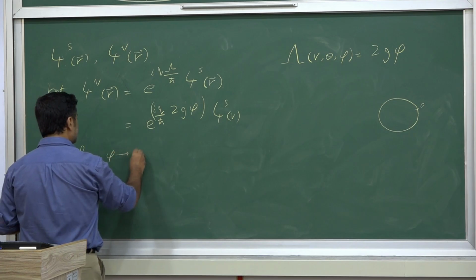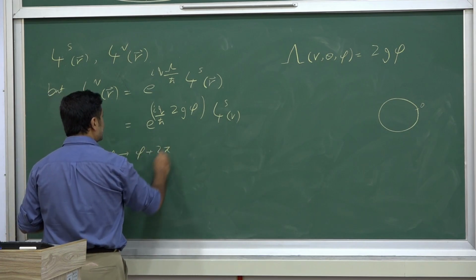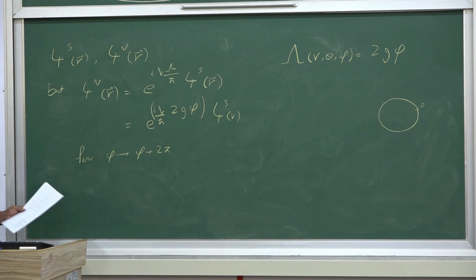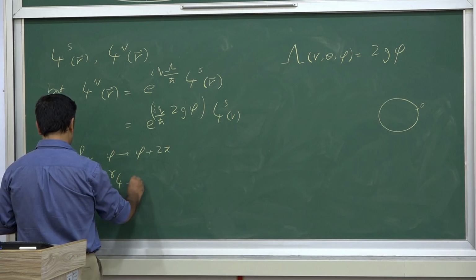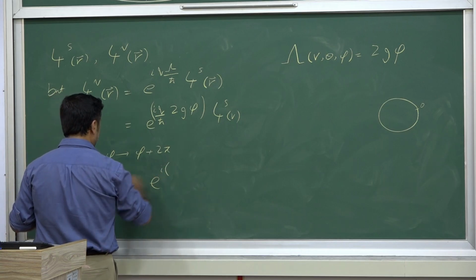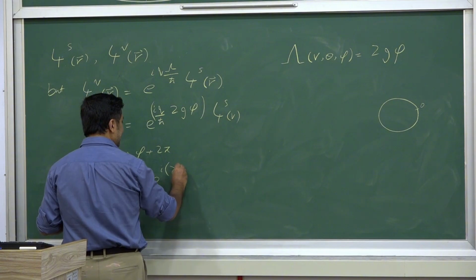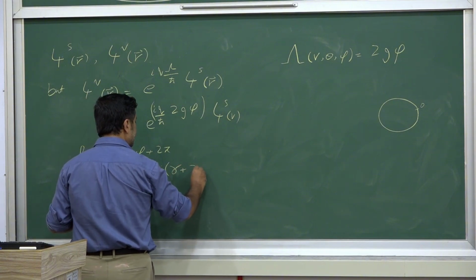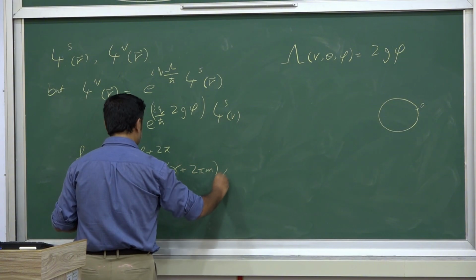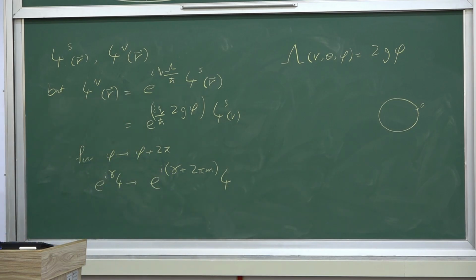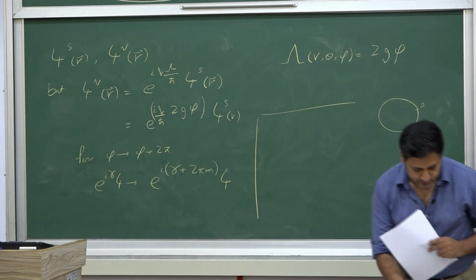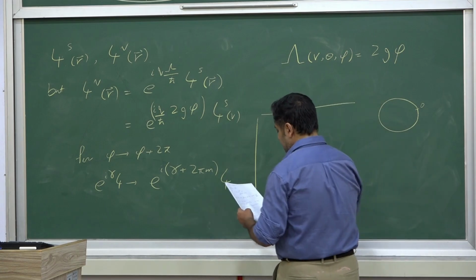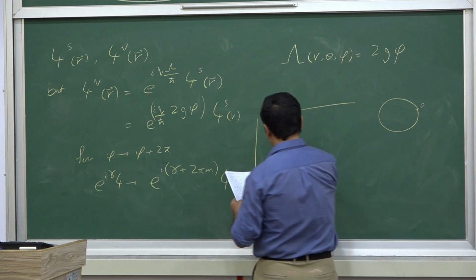So as phi changes by 2 pi, if you have a phase over here and this guy is not single valued, it had better be a multiple of 2 pi so that the wave function itself is single valued. So we just have to see what is gamma.